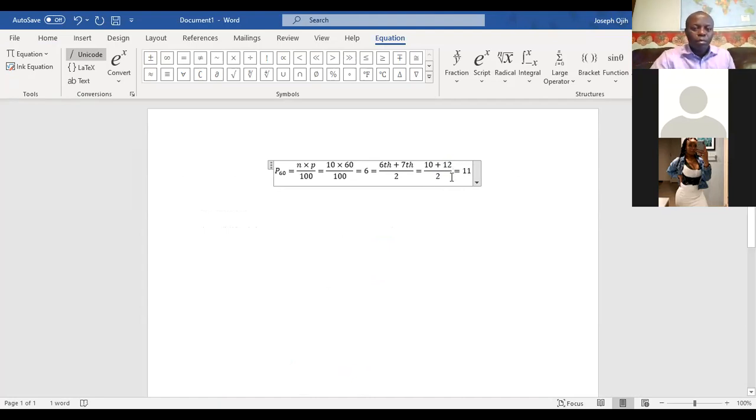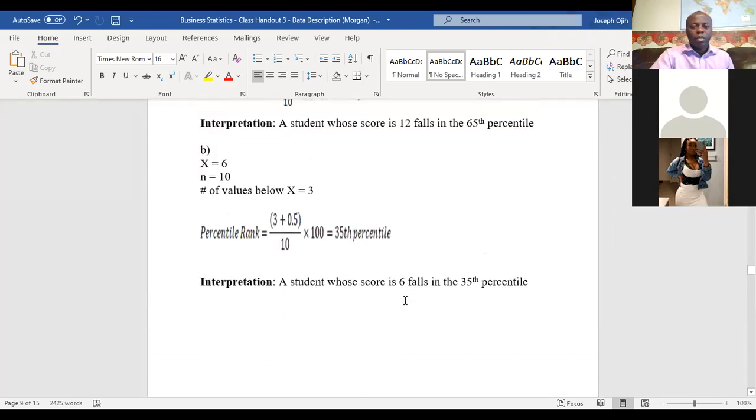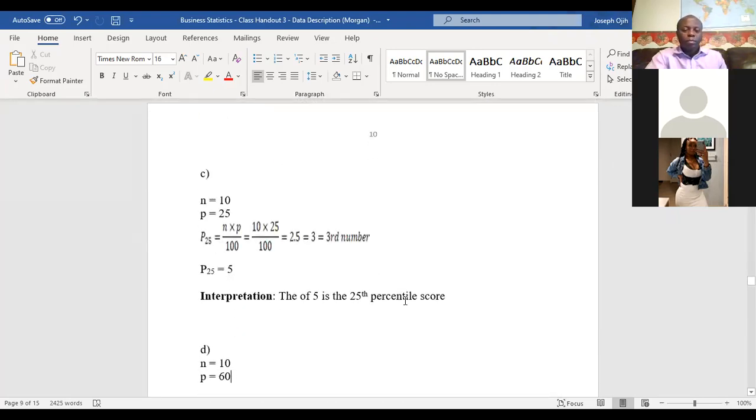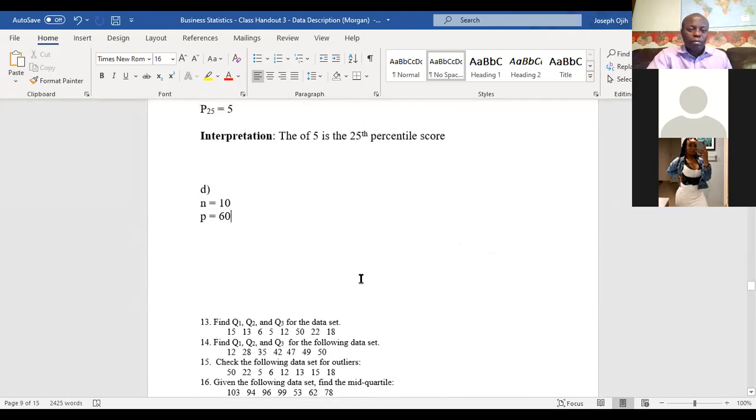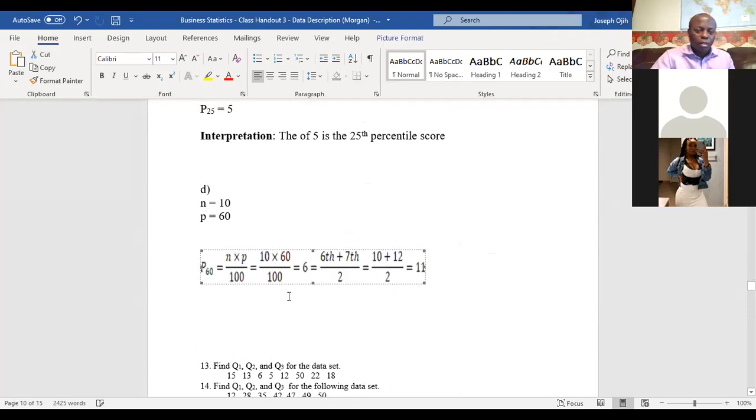Am I right? 10 plus 12 divided by 2, I got 11 right here. So the score of 11 corresponds to the interpretation of this.